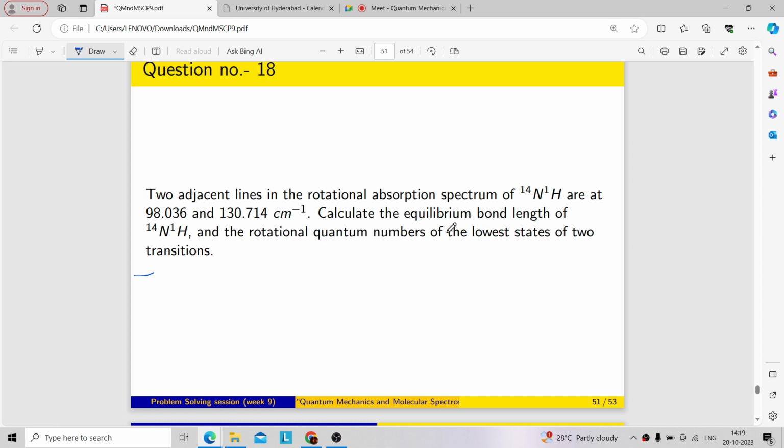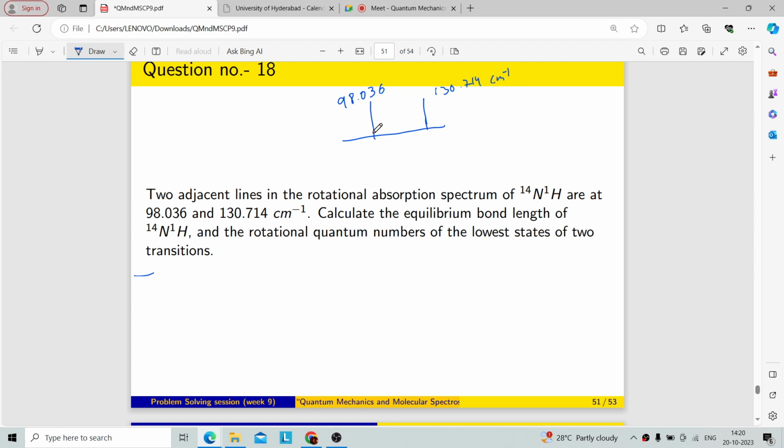So what is given? Two adjacent lines are given. One is 98.036 and another one is 130.714 centimeter inverse.